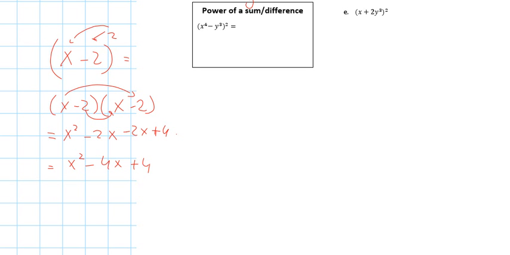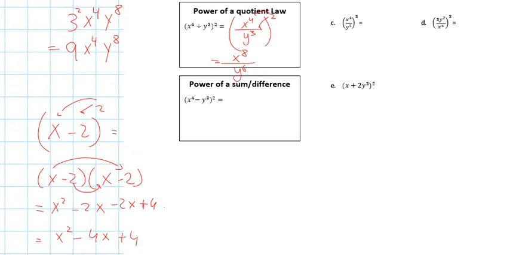You have to expand by FOIL. Okay? So this doesn't follow the same rules as what we did on top, where we just multiply the exponent in. This one, we have to actually write this twice. And then we have to FOIL.